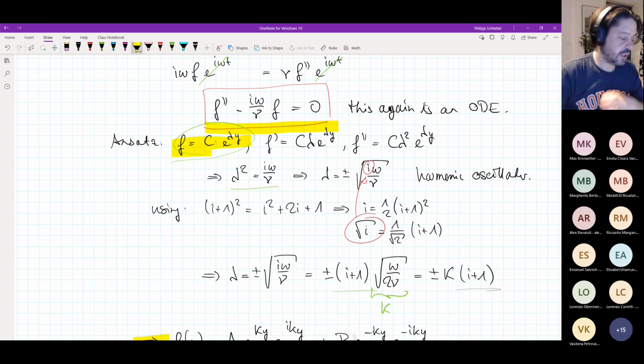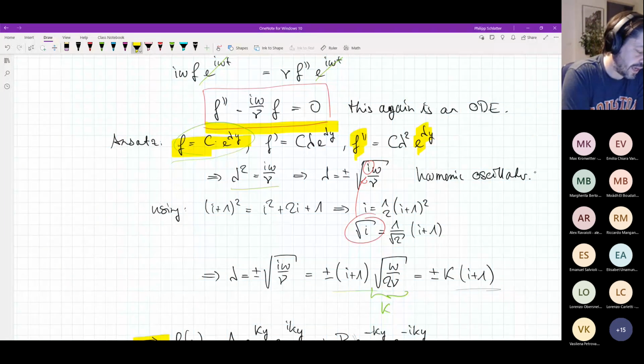So if I'm making an ansatz with an exponential, I will know that the zeroth derivative and the second derivative will have the same functional form, this e to the lambda y. What then remains to be seen is what this lambda would be. And this is exactly what I can calculate now from here.